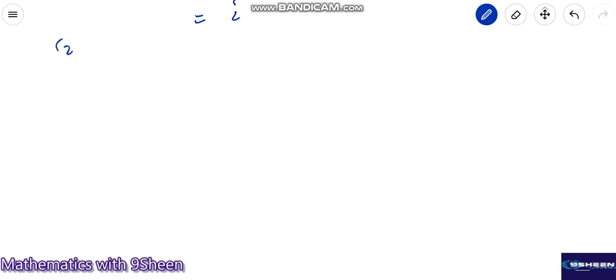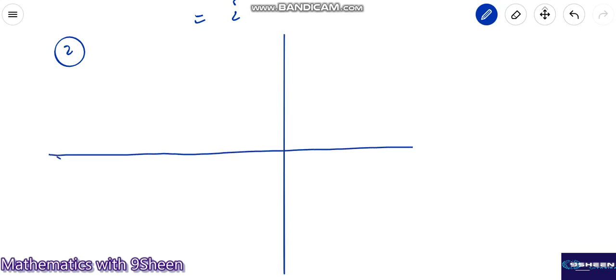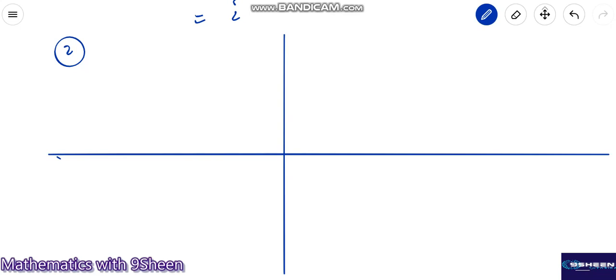Now do question number 2. That depends upon 4 parts. Number 1, iota power 4n is equal to 1. Second part, iota power 4n is equal to iota.